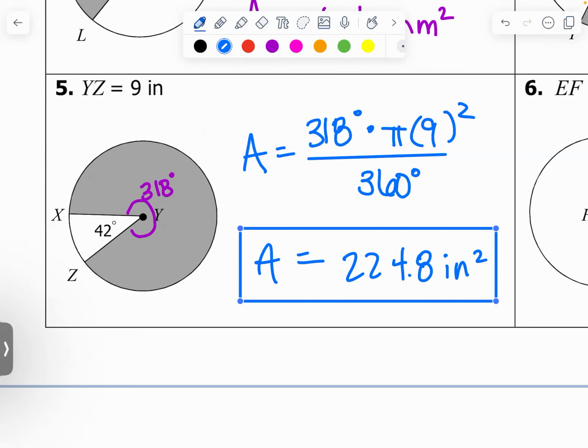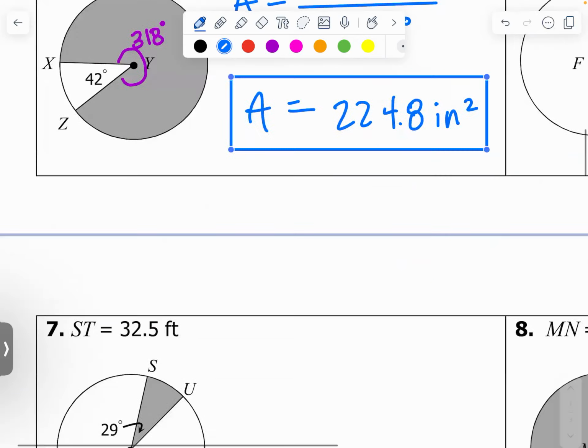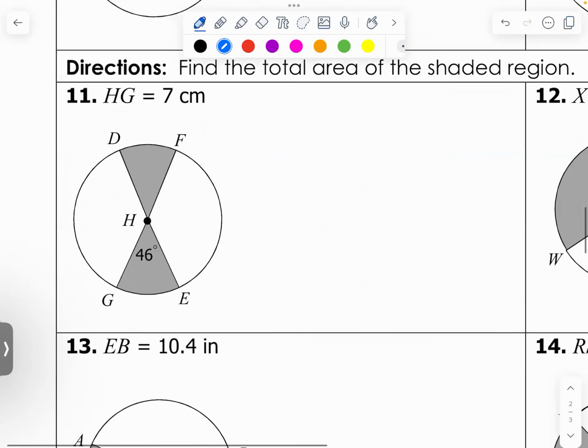Let's go now to number 11. So you're gonna have to go to the next page there. In number 11, what's true about both of these angles? Yes, yes. So they're both 46 degrees.